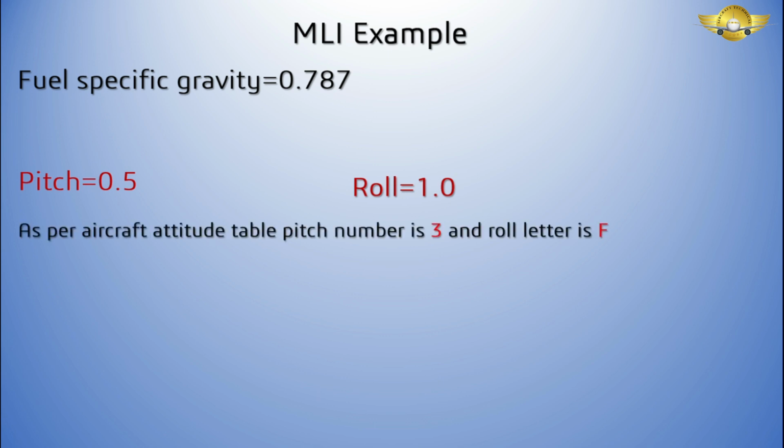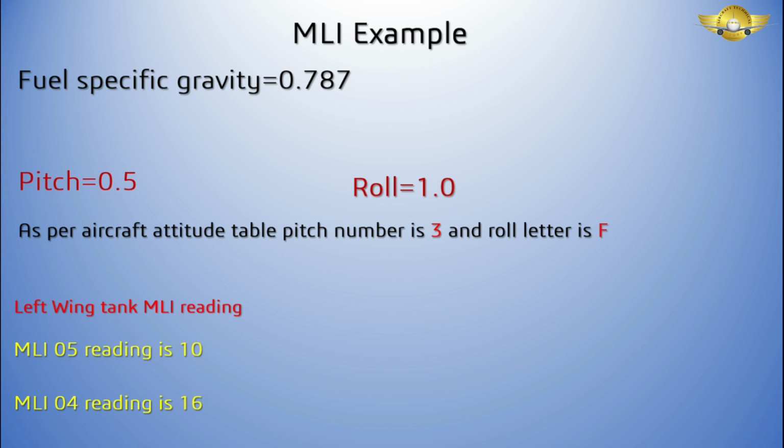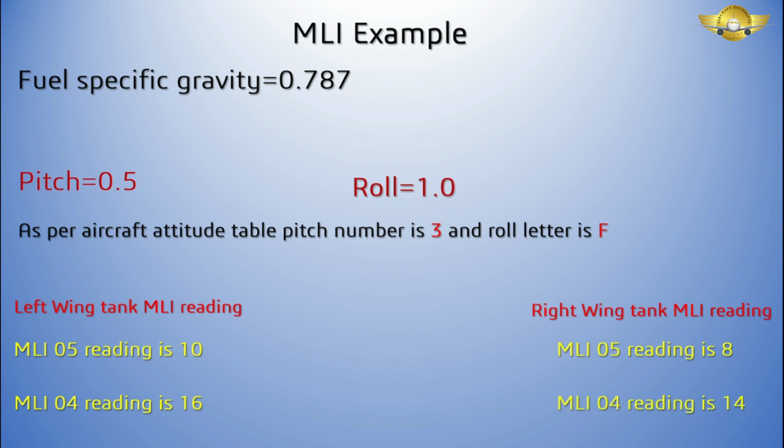As per the aircraft attitude table, pitch data number is 3 and the roll data letter is F. Left wing tank MLI reading. MLI 5 reading is 10. MLI 4 reading is 16. Right wing tank MLI reading. MLI 5 reading is 8. MLI 4 reading is 14. Center tank MLI reading. MLI reading is 44.